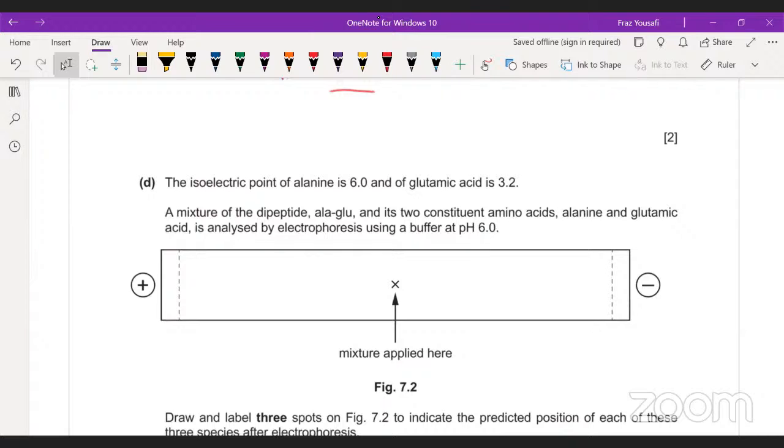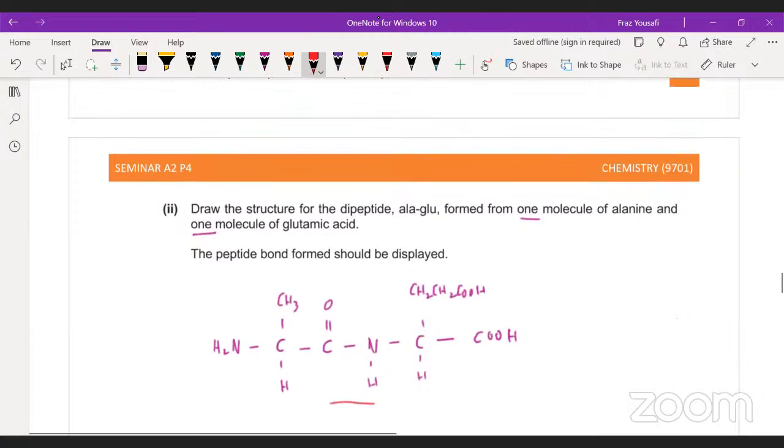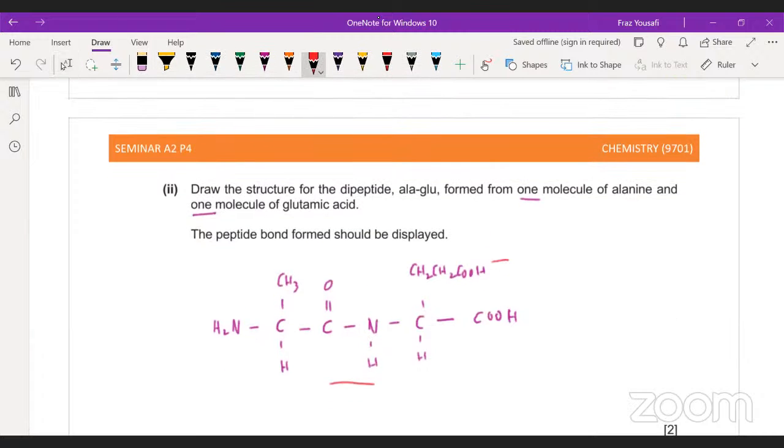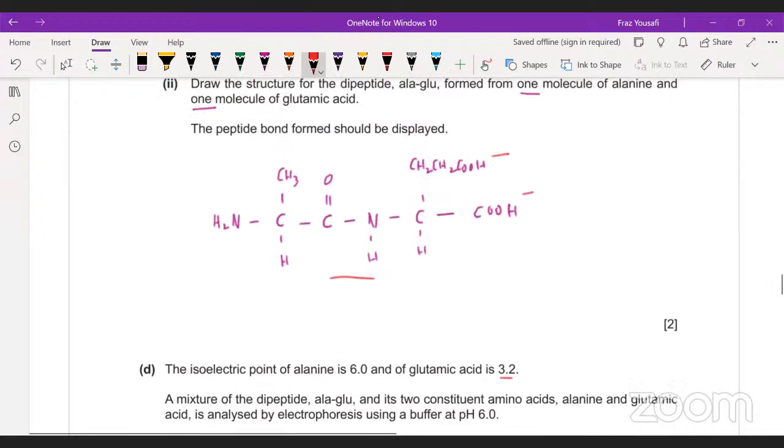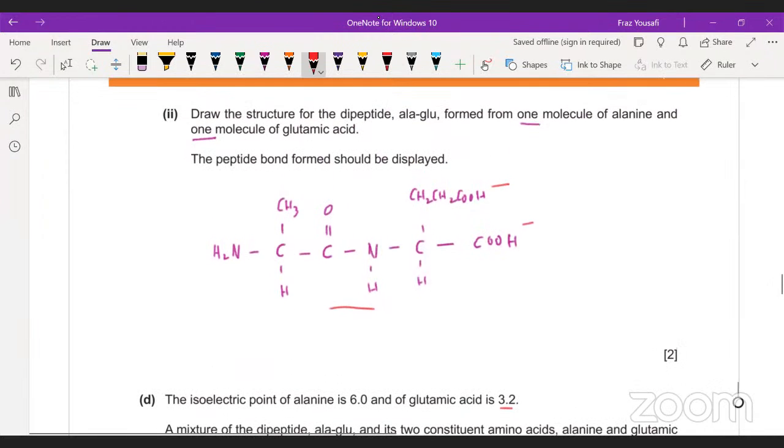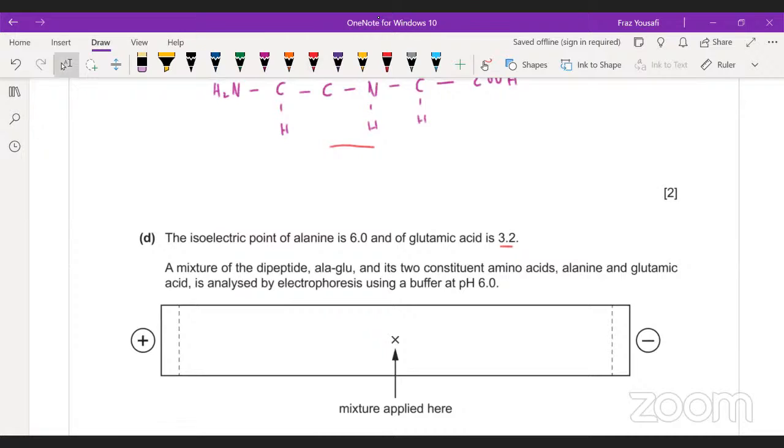So if I'm using a pH of 6.0 where glutamic acid is supposed to be neutral at 3.2, remember what that means is that at 6.0 you've added more base into the mixture. So for glutamic acid, what would end up happening is when you add more base, both of these would end up becoming negatively charged, and there would only be one ammonium present, so the charge would become -1 overall.